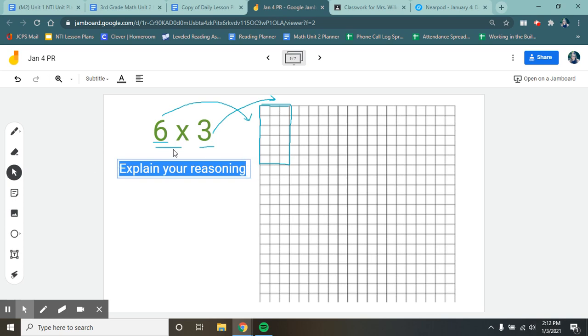All right, so let's first think about what we did. So we know that first we looked at our factors, 6 and 3. Then we took our 6 and made 6 columns.